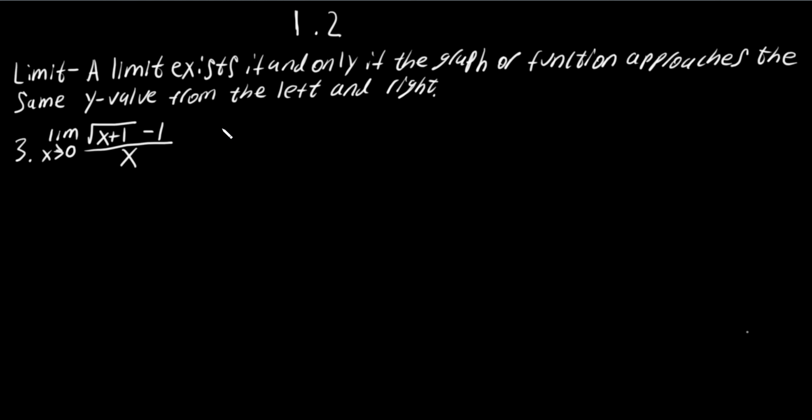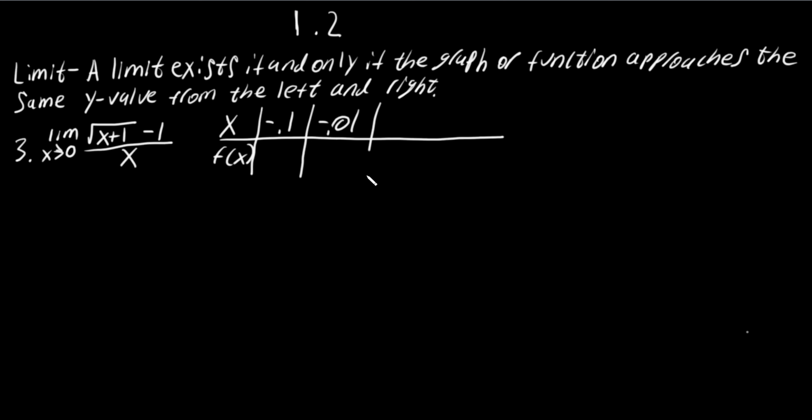So I'm going to make a quick table, or chart. We have x and we have f of x. This is always going to be like this. And we're given from the textbook negative 0.1 as our first value. Our next value is negative 0.01. Then we reach negative 0.001.